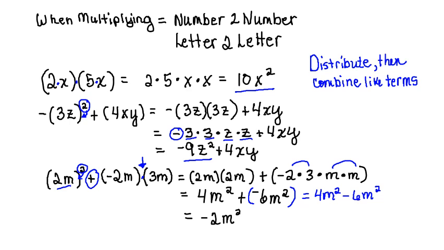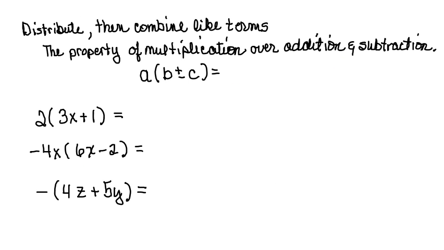So I think I'll make you one more screen that shows a couple of those, because that shows everything all being brought together. Okay, distributing. The rule is to distribute, then combine any like terms. It is the property of multiplication over addition and subtraction. Now, here's my trick for that. I call it the power of the rainbows here.